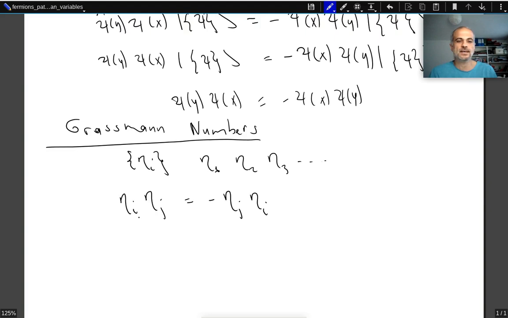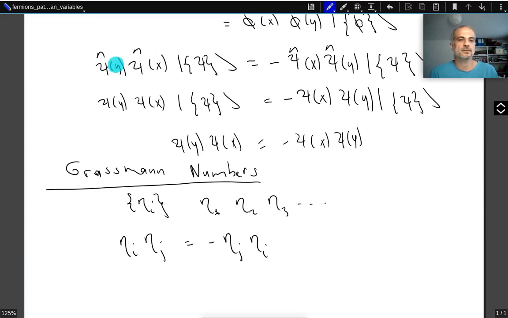So if we define such numbers, then when these fields act on these states, their eigenvalues will be just Grassmannian numbers. And since Grassmannian numbers anti-commute by definition, this property is automatically satisfied.